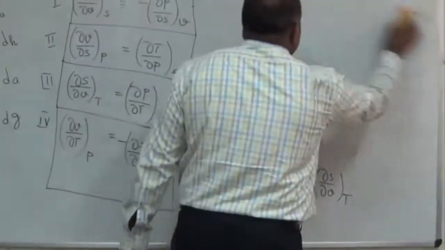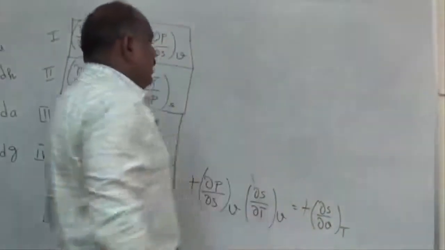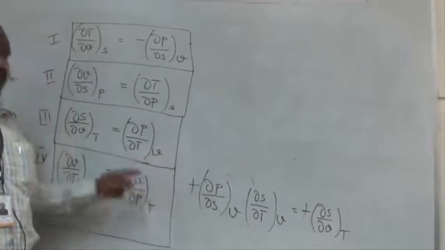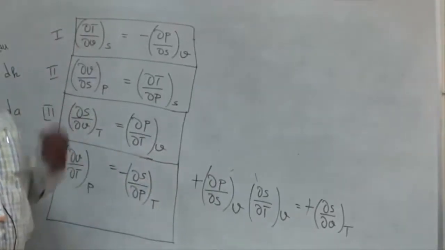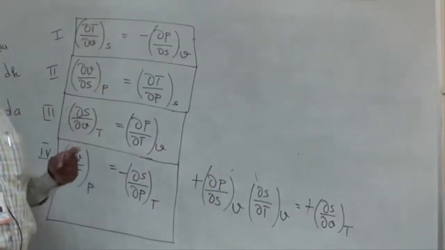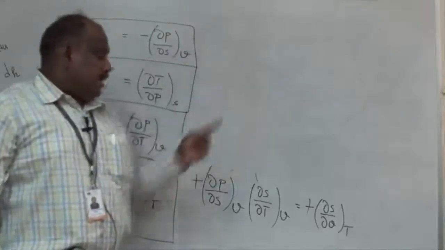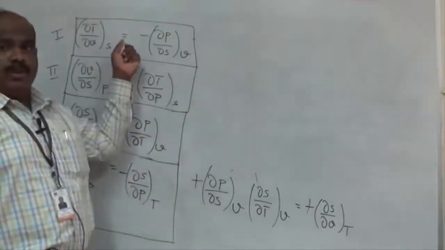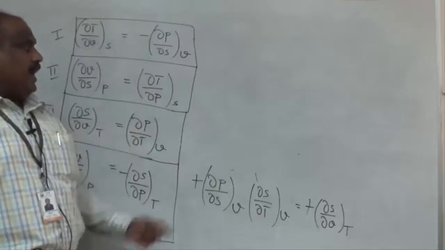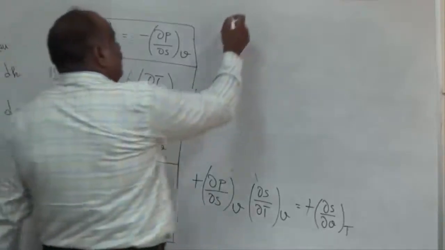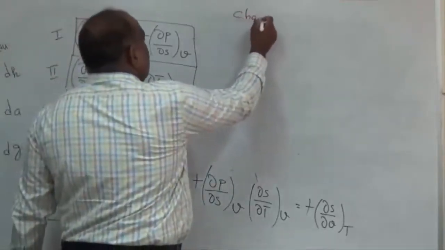Now we have to make use of the chain rule. The conditions for deriving the other three relationships are like this. The first one is to use the cyclic relationship. The second one is to substitute some values from this Maxwell first relationship, and the third concept is to apply the chain rule. So what is the chain rule?